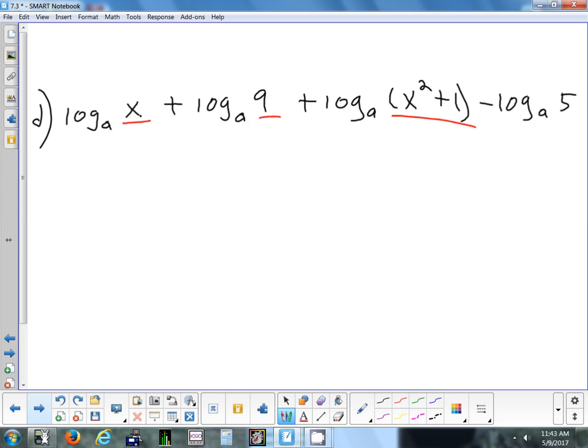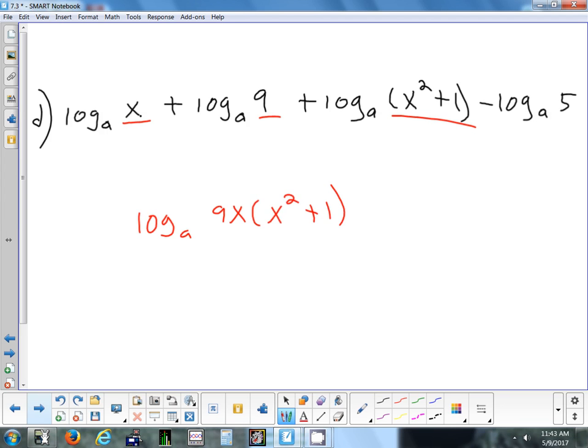What do you do with the things that I underlined? You multiply them. An x times a 9. Well, we normally don't write x9. We normally do 9x. So we have the x times the 9 times the x squared plus 1.